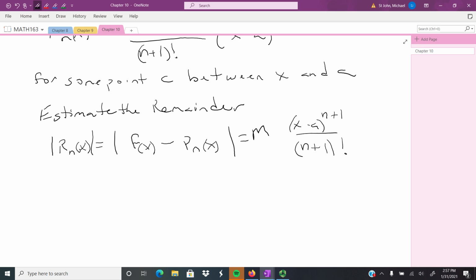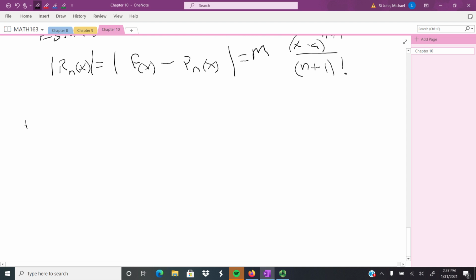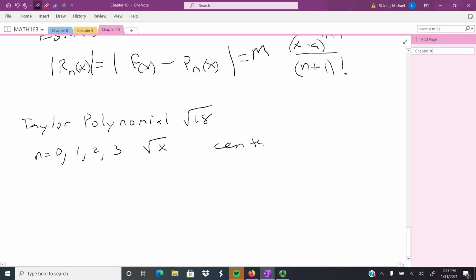And so let's do this one now. So the Taylor polynomial, let's see, square root of 18. So n equals 0, 1, 2, 3, and f of x is the square root of x. And this time we'll do it centered at 16.